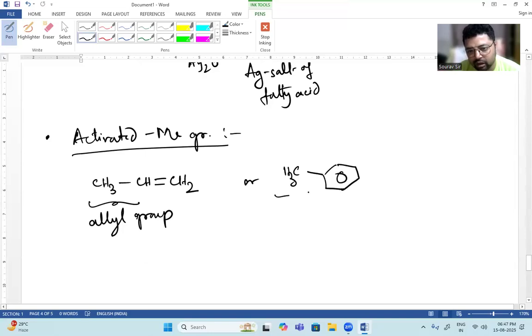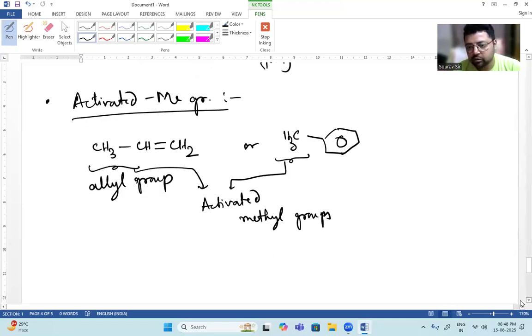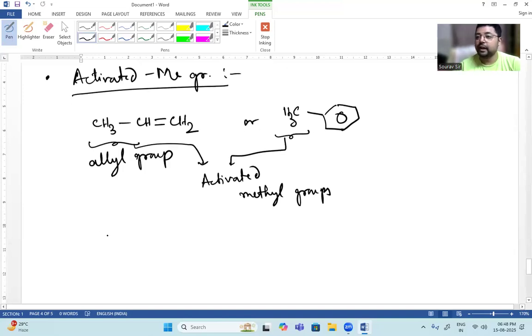These two groups are known as activated methyl groups. Now you can ask me why these are called activated methyl groups. The answer is that these can perform hyperconjugation. That is why they are called activated methyl groups.